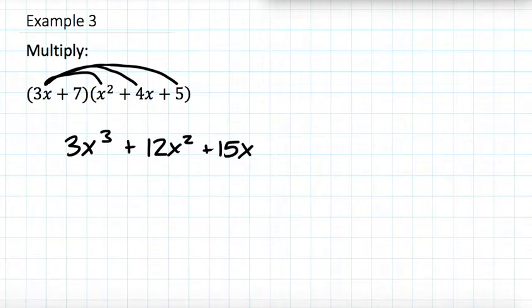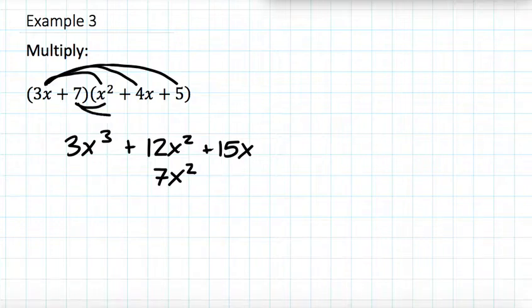Now I'm going to multiply 7 by everything in the second set of parentheses. And when I do this, I'm going to line like terms up vertically. So I'm going to have 7 times x squared. I'm going to write that below the other x squared term. So that makes it really easy to combine things because you just add the columns.